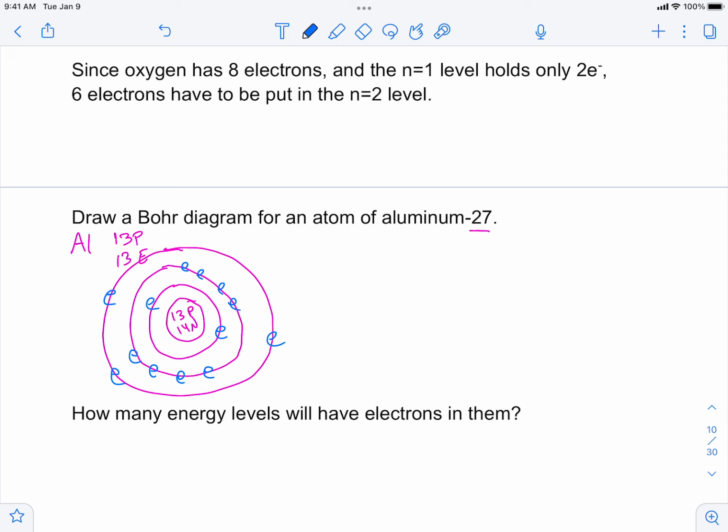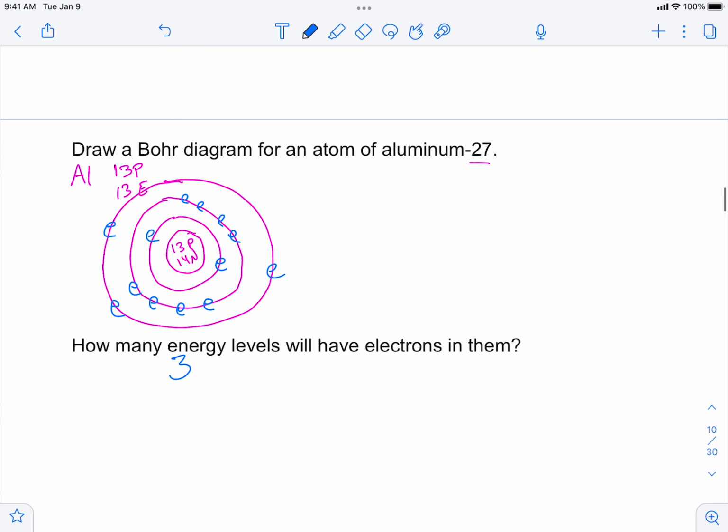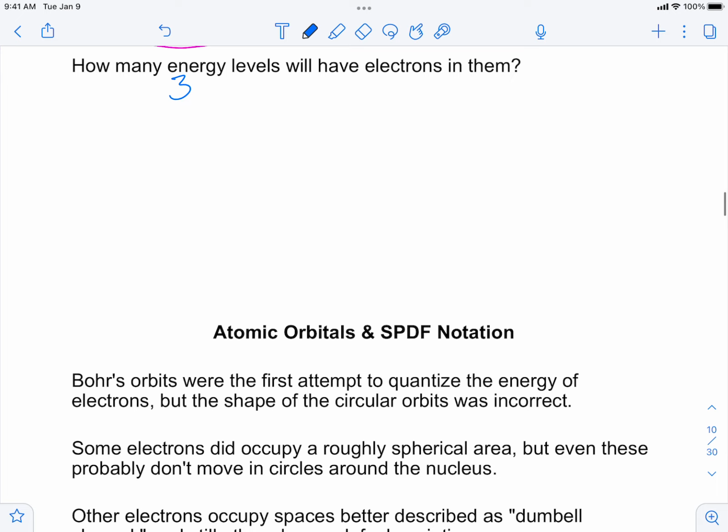All right, this is the most basic representation of where electrons are in an atom. Okay, so how many energy levels will have electrons in them? Well, we use energy levels 1, 2, and 3, so it's going to be 3. Okay, but we're not really going to focus on Bohr diagrams. We're just using that as a starting point.